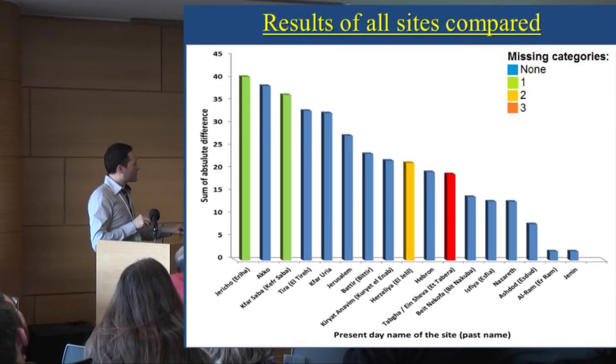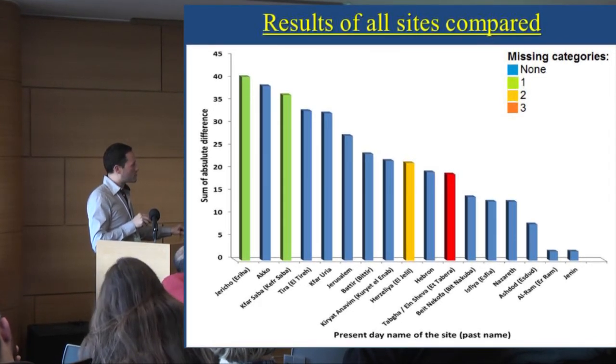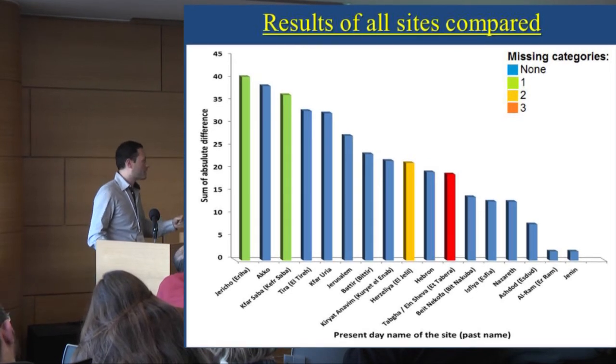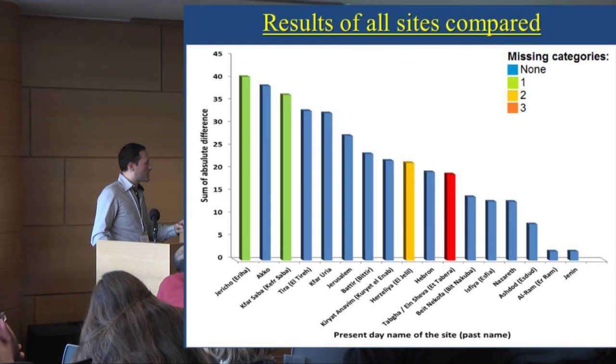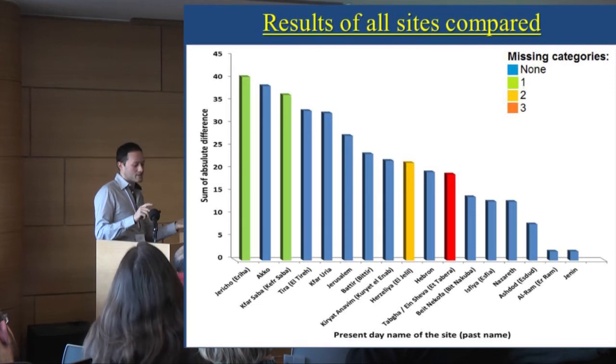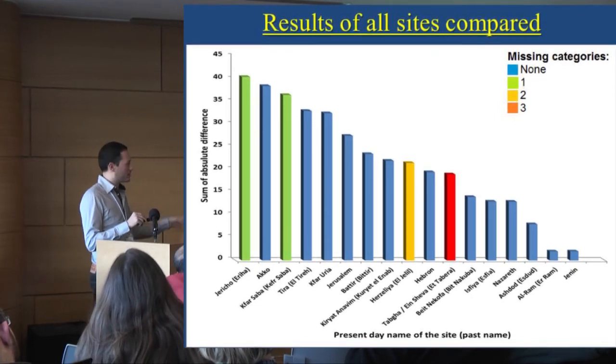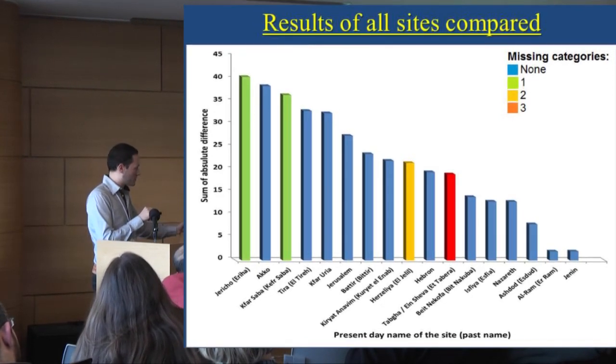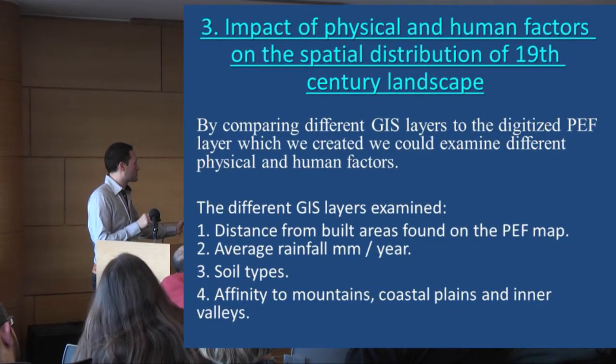In the four sites where some categories were missing, the main categories were wetlands, sand dunes, and winter ponds. And from other written resources, it's mostly due to human activity that those categories, those features, disappeared.